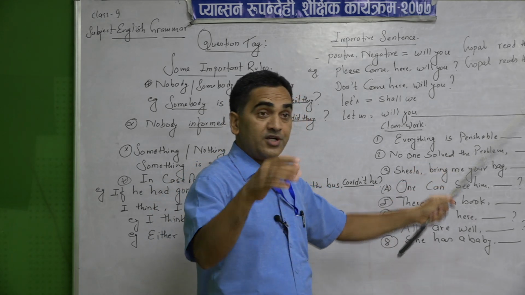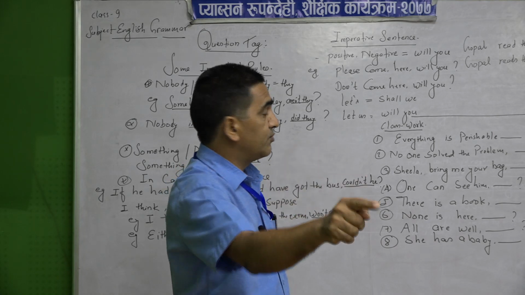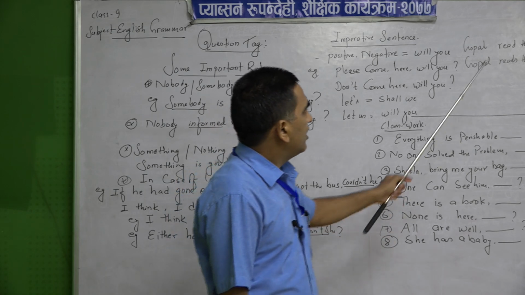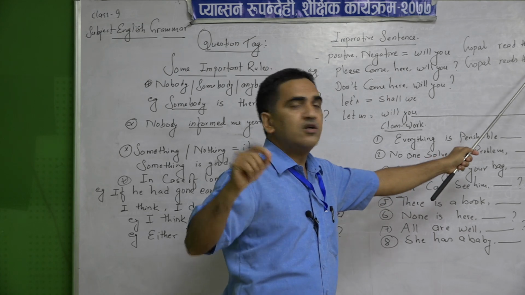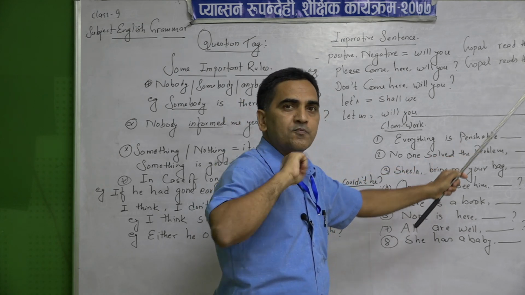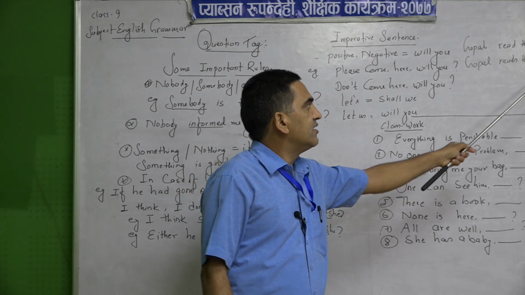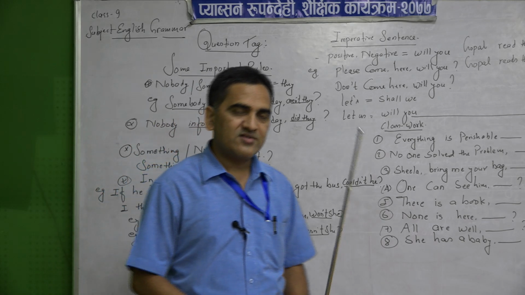But here somebody is commanding Gopal: Hello Gopal, read the book. It is a command sentence. So in the case of the first sentence we write the question tag will you, and here doesn't he. Alright. So my dear students, this is the thing.